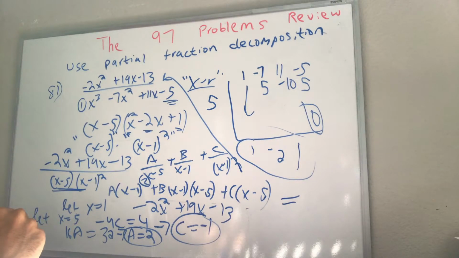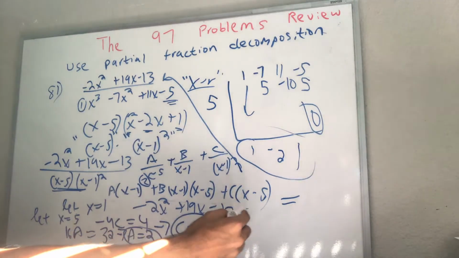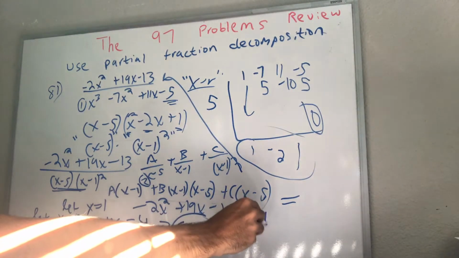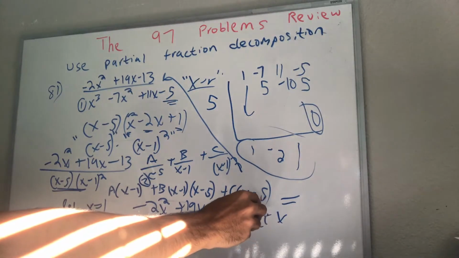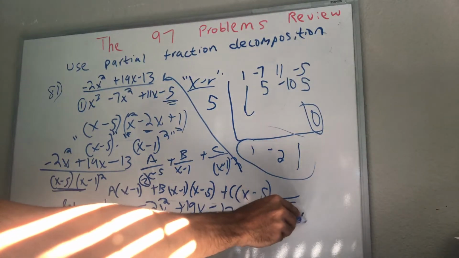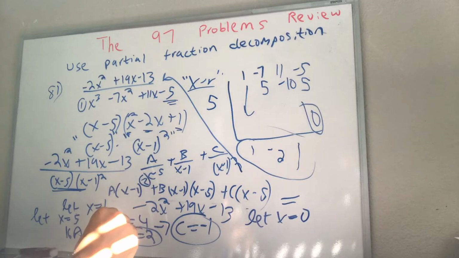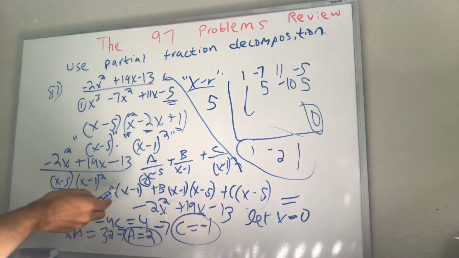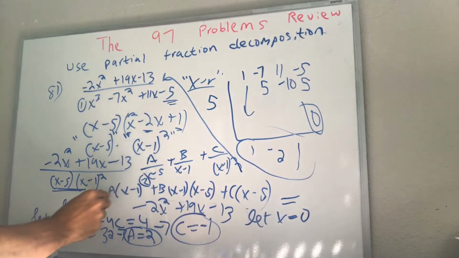And for your final one, I'll just erase this quickly, or I have space here. So I could say let x is equal to 0. And so when I say let x is equal to 0, you're really plugging the value of 0 into this expression over here.